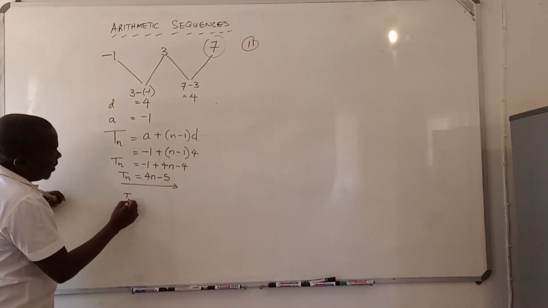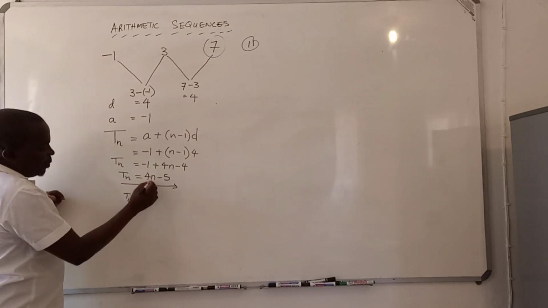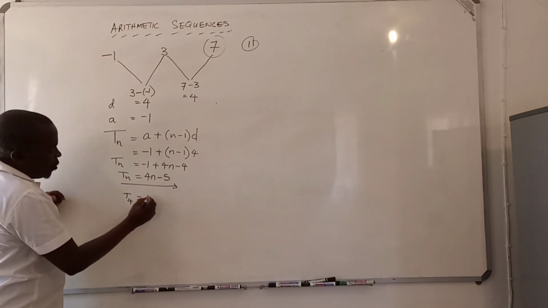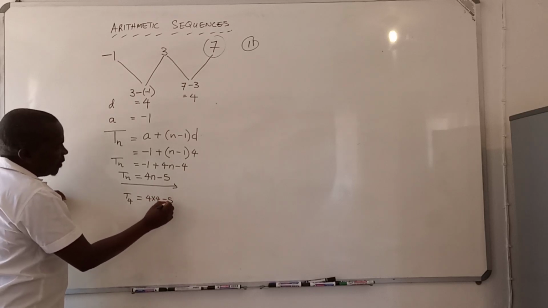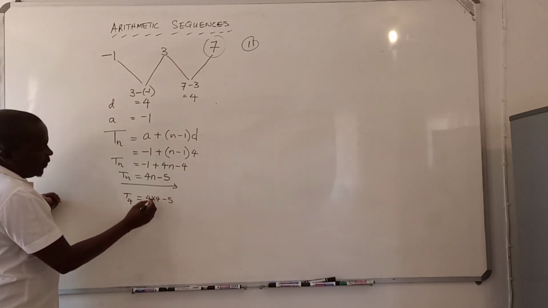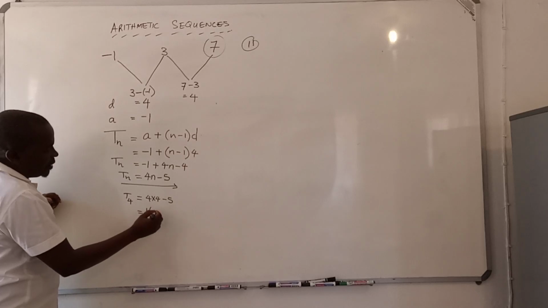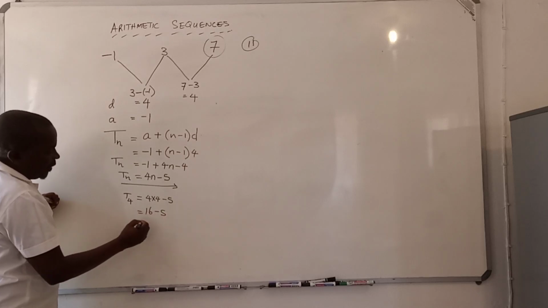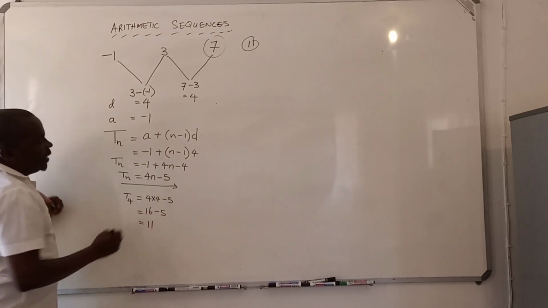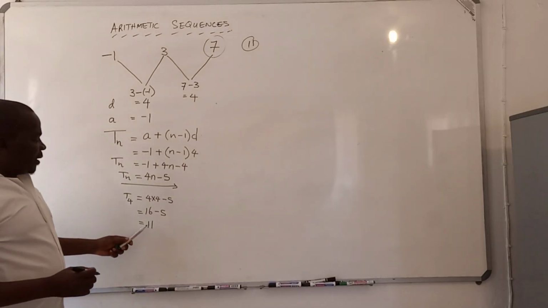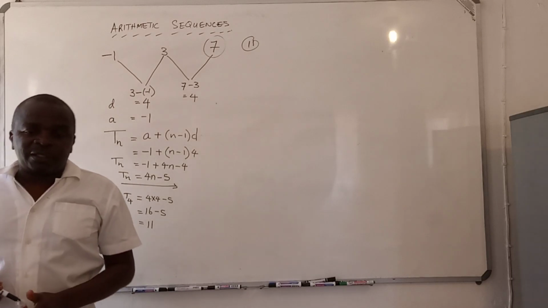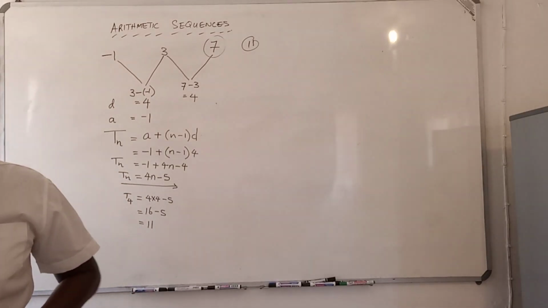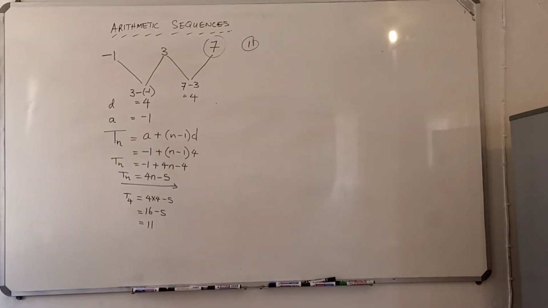So term number 4, according to this formula, is going to be 4 multiplied by 4 minus 5. 4 times 4 is 16 minus 5. This will give us 11. And it agrees with what we have there. Our term number 4, according to that sequence, is also 11.